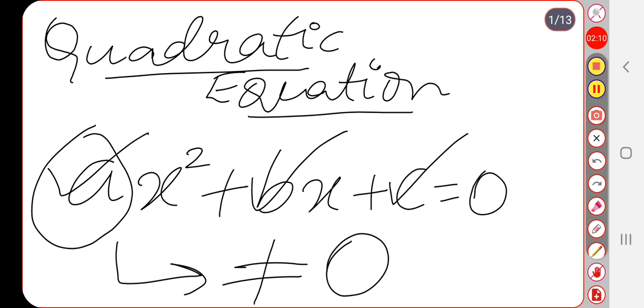The name quadratic comes from quad, which means square, because here the highest power of the variable is x square. So it is also known as an equation of degree 2.